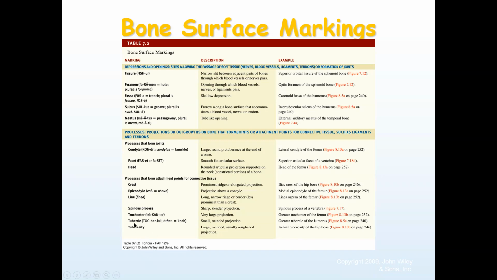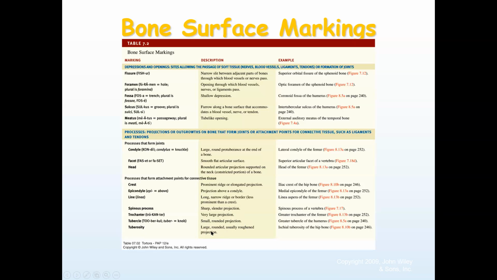Now, we also have tubercles, which are small, round projections. So they're very similar to your epicondyle in the way they look. The difference is an epicondyle has to be on the condyle, while the tubercle does not. Well, it's not going to be on the condyle at all, okay? So they look similar, they're not in the same places. And then the last one we're going to worry about here is called the tuberosity.